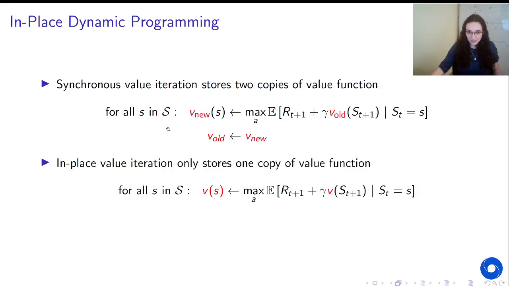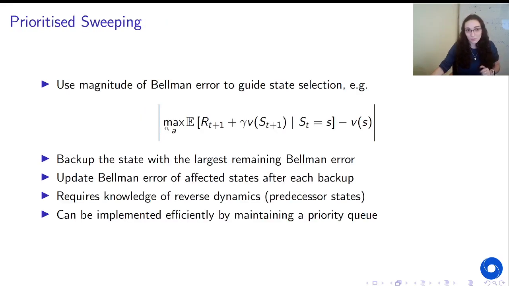Now the in-place value iteration stores only one copy and uses that for the updates. So all the values that we have already updated, those would be used whenever we encounter the next update, rather than maintaining the copy of the values at iteration k. Okay. Prioritized sweeping.